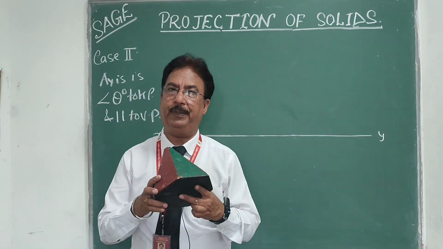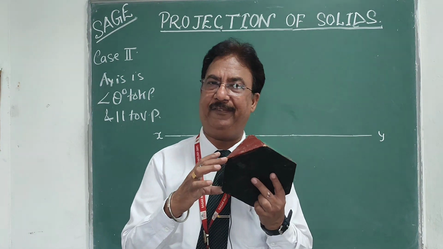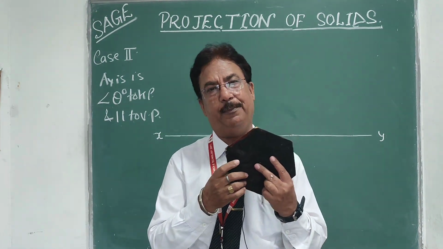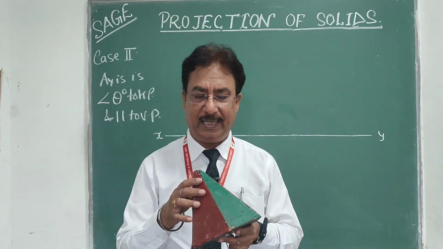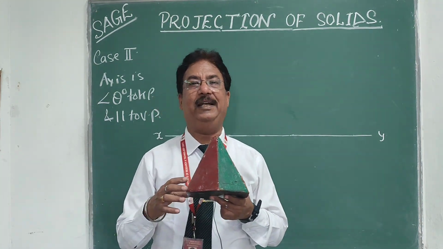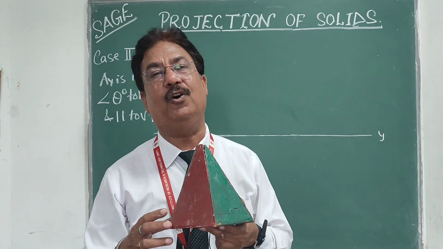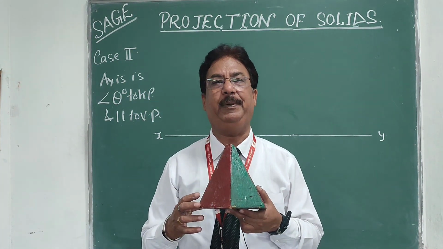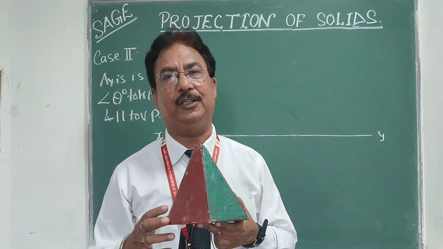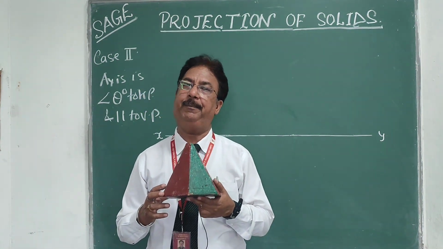The problem is like this: a hexagonal pyramid with base side 25 mm, one base side on the HP, or you can say on the ground, and the axis inclined 30 degrees to HP and parallel to VP.